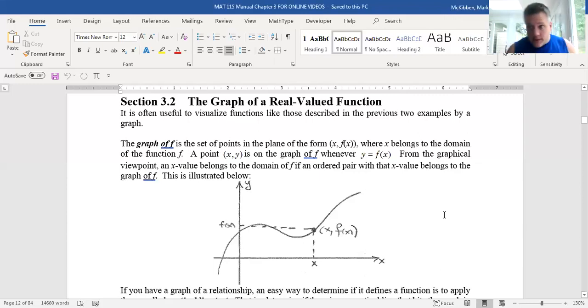Okay, so hello again. Section 3.2 is basically a bunch of characteristics of what we call the graph of a real valued function. We've seen graphs in the previous section, but they weren't linked to an algebraic expression.